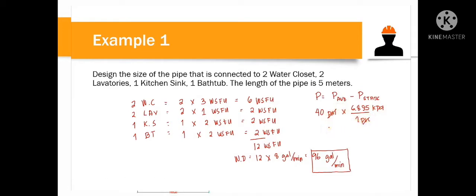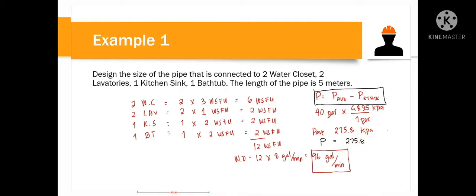So, therefore, we have the value of our P average, which is equal to 275.8 kilopascal. So, this is our P average. Okay? So, we can now compute for our P using this equation. Okay? So, we have P is equal to, P average is 275.8.